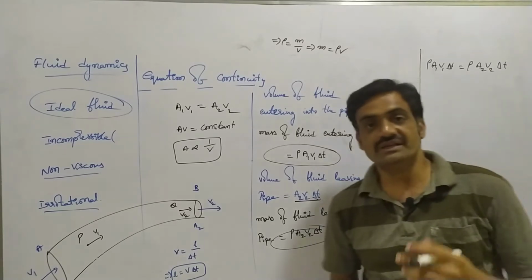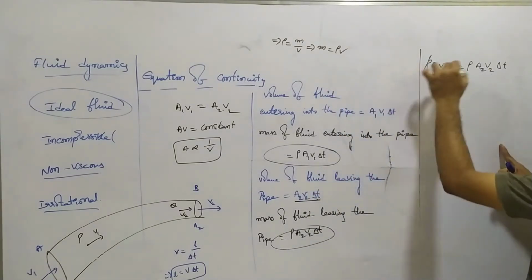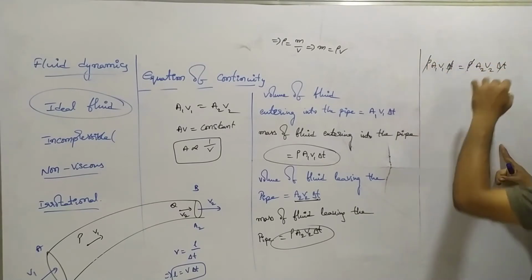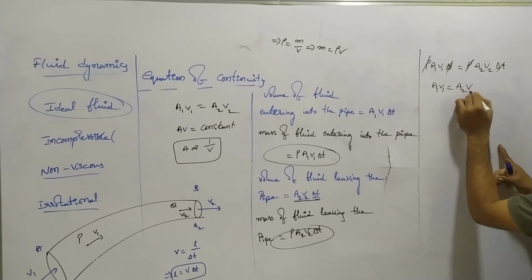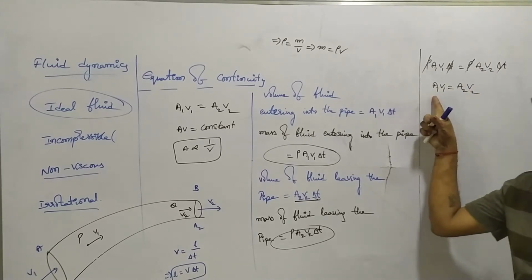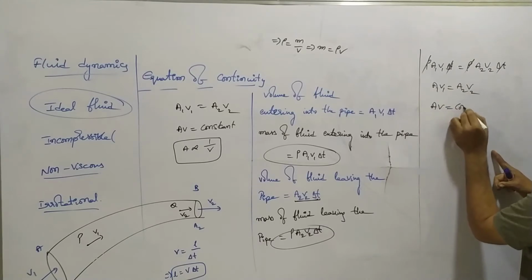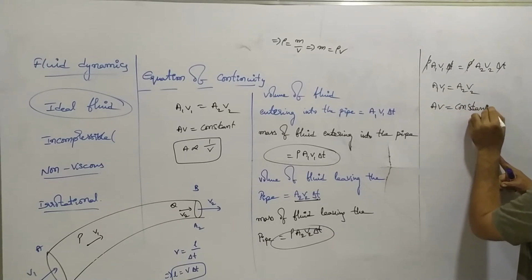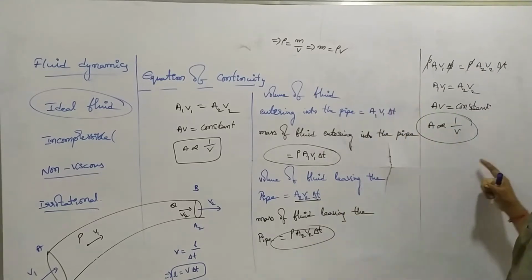This expression is represented based on the conservation of mass. Observe that here density gets cancelled and time gets cancelled. Based on that, we can represent A1 V1 is equal to A2 V2. Since A1 V1 is equal to A2 V2, we can represent AV is equal to constant. Based on that, we can represent area is inversely proportional to velocity.